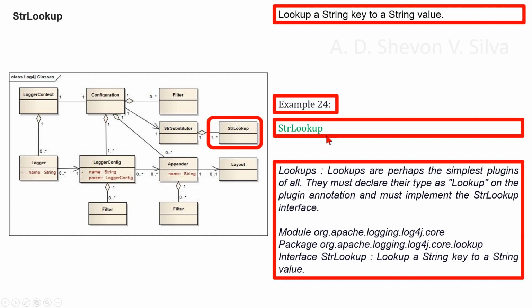They will have two methods: a lookup method that accepts a string key and returns a string value, and a second lookup method that accepts both a log event and a string key and returns a string. A lookup may be referenced by specifying ${name:key}, where the name is specified in the plugin annotation and key is the name of the item to locate.